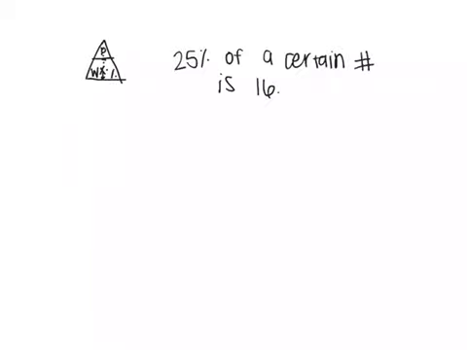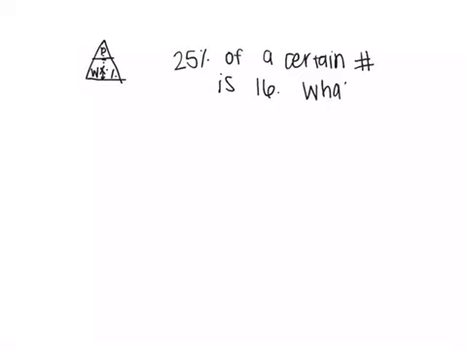Anytime I'm going to start a percent problem, I am always going to write my percent triangle up in the corner. I know that from side to side we have divide, and down at the bottom we have multiply. So I want to know: 25% of a certain number is 16.